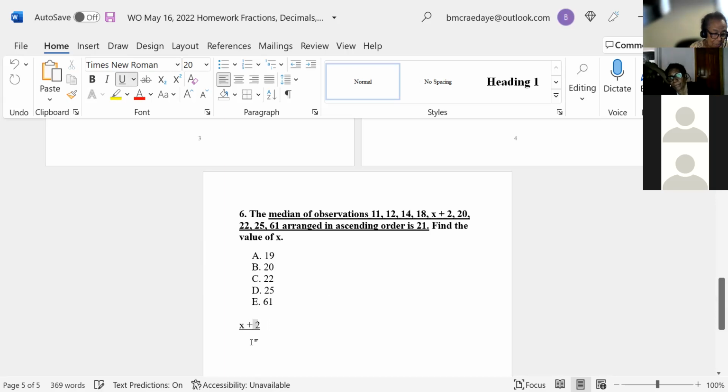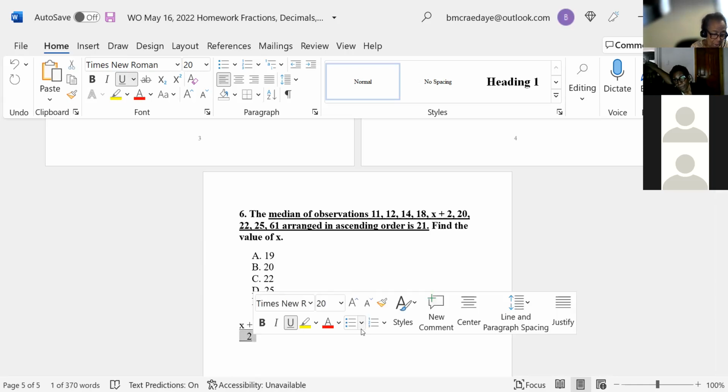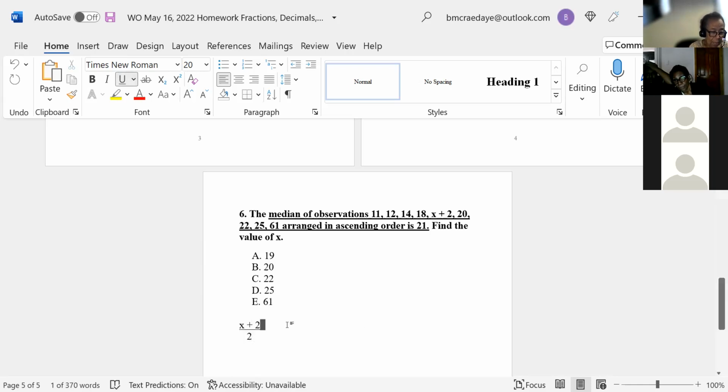And what's the median equal to? 21. All right, so let's write that: x plus 2 divided by 2 is equal to 21.